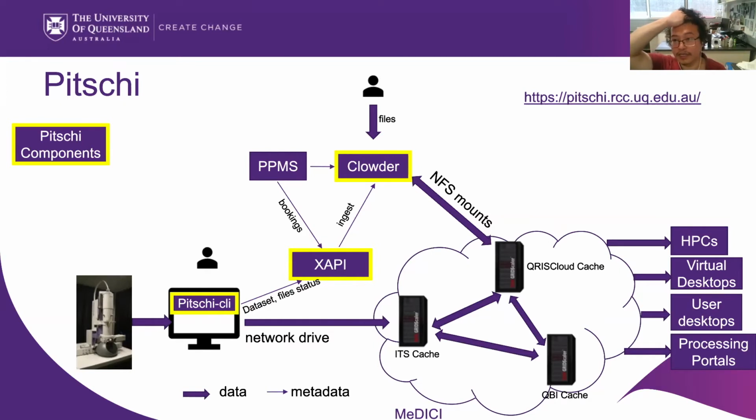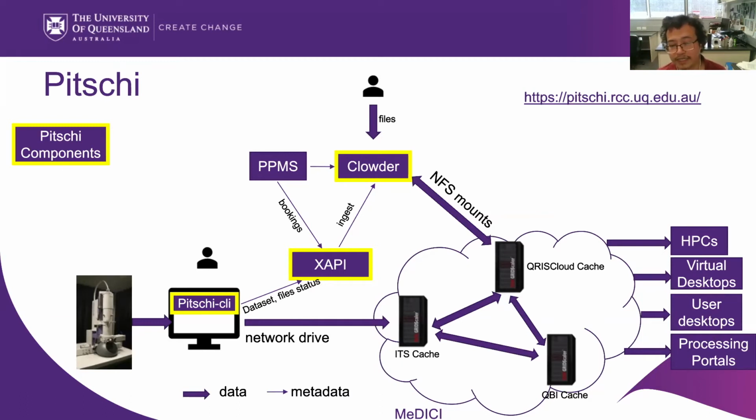Well, the reason for that is threefold. The first one is, if you are familiar with the Pitschi API, you will know that you need to make a few calls. In this case, I think it's 3 calls to get all the information related to the bookings, and that will slow down the login process. The second thing is related to security. The PPMS key needed to make queries is the key for admins, and I'm not really comfortable leaving the PPMS key lying around in instrument computers.